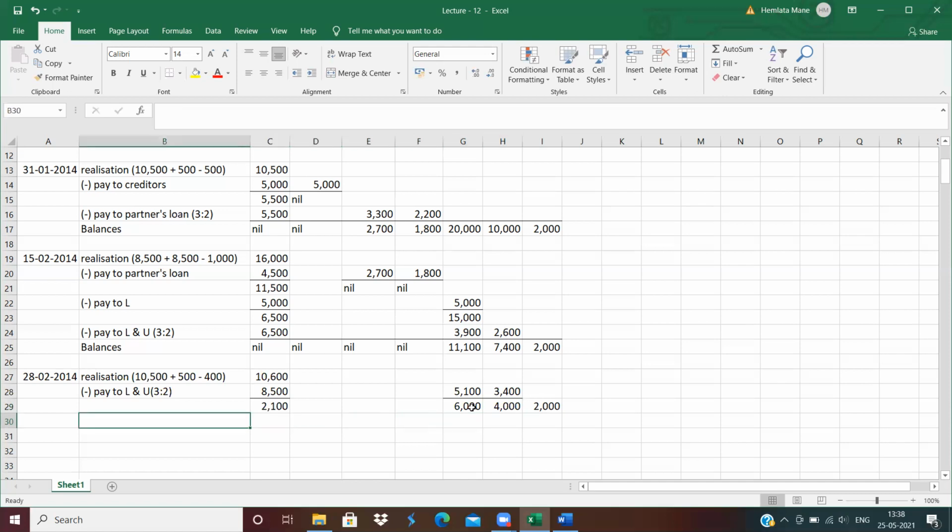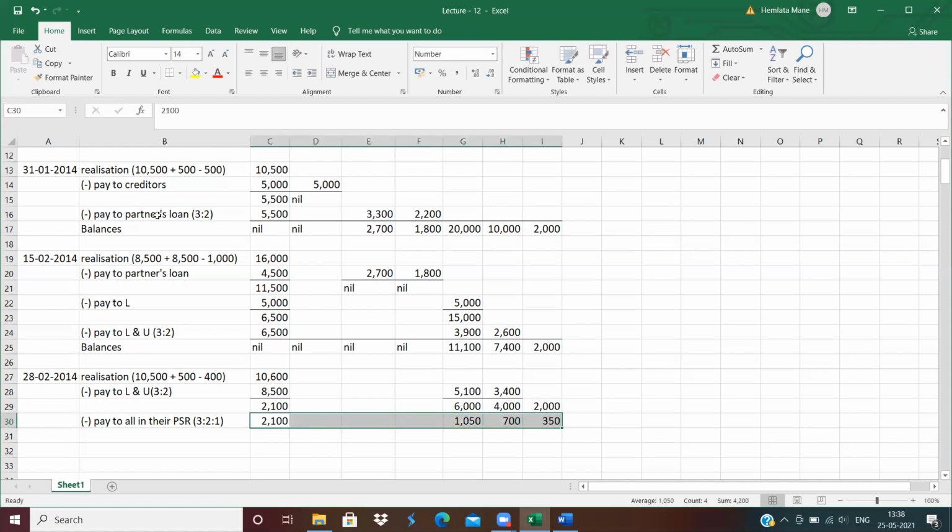Now the remaining amount is distributed to all in their profit sharing ratio. How much is the profit sharing ratio? 3:2:1. So distribute 2,100 in 3:2:1: L 1,050, U 700 and M 350. Now cash balance is nil.